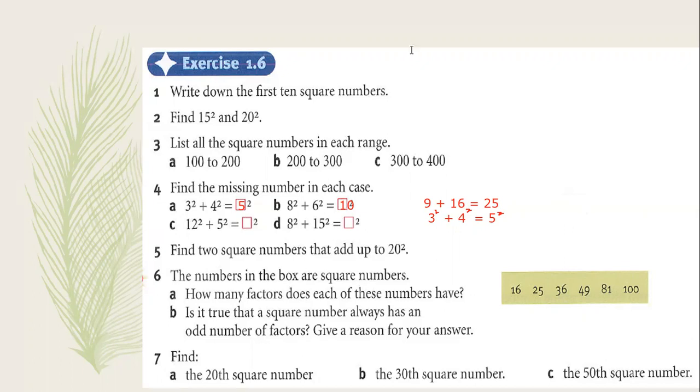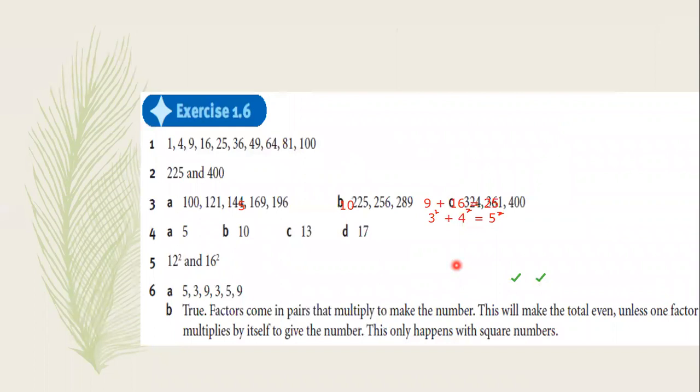First of all, you just find which one is the square number. The square numbers are 16, 25, so mostly all are square numbers. How many factors does each of these numbers have? For this one we just need to find the factors. So here are the answers.